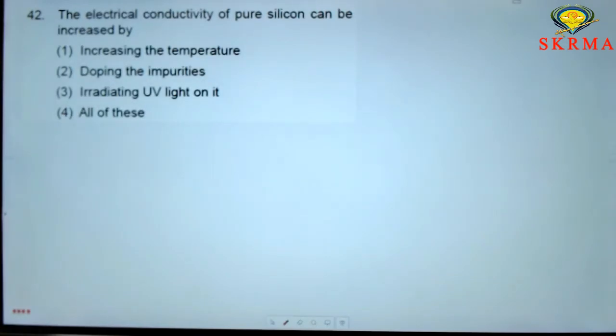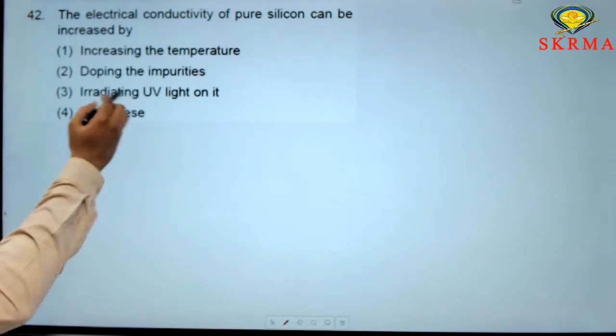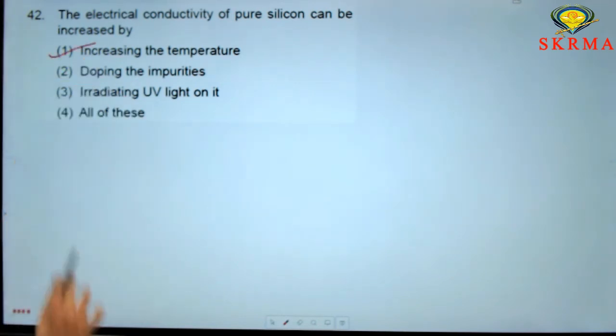Next, electrical conductivity of pure silicon can be increased by. Silicon means is it a conductor, insulator, or semiconductor? Semiconductor. Silicon or germanium, both are semiconducting materials. If you increase the temperature, then electrical conductivity increases for a semiconductor.